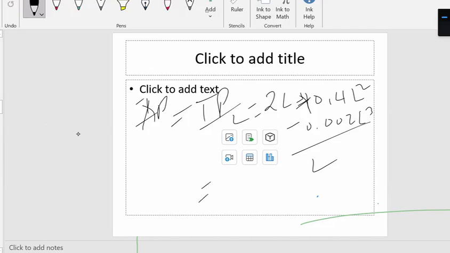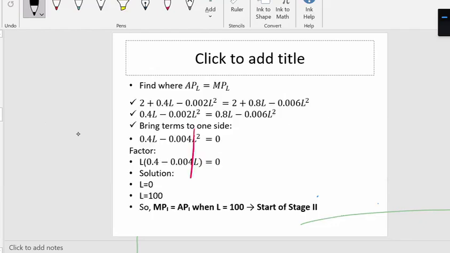And the average product will be what? 2L over L is 2, plus 0.4L, then minus 0.002 L square. So you have to take this average product, and bring it to what?